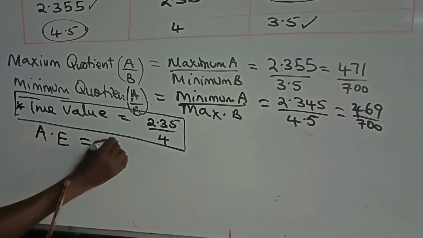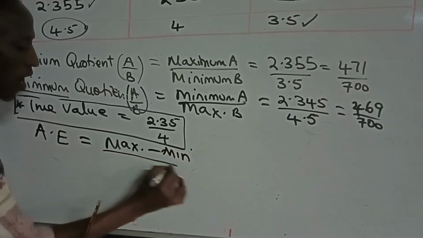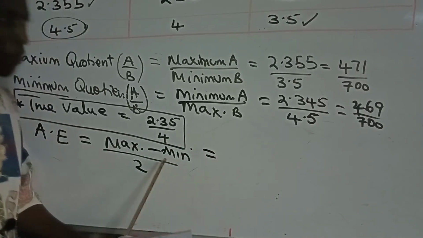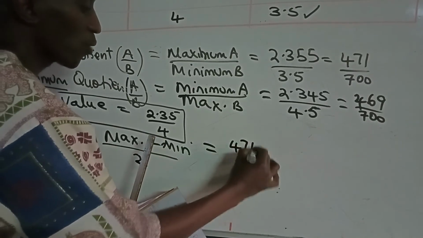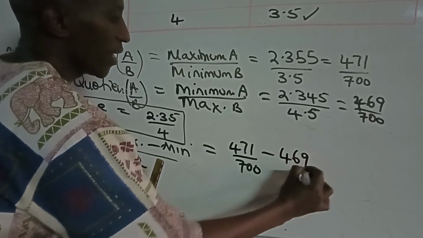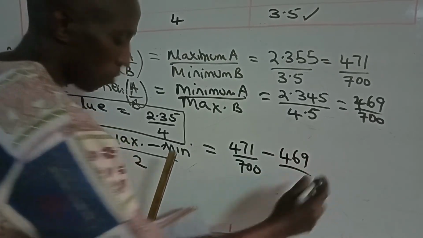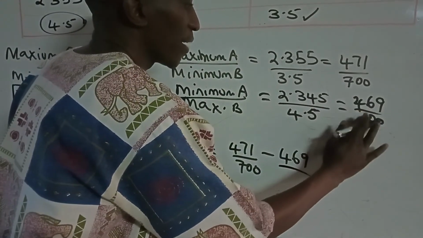So now let's look at absolute error. Absolute error is the maximum minus the minimum all over 2. From this computation, that gives us 471 all over 700, subtract 469 all over, this is 469 over 900, I beg your pardon.